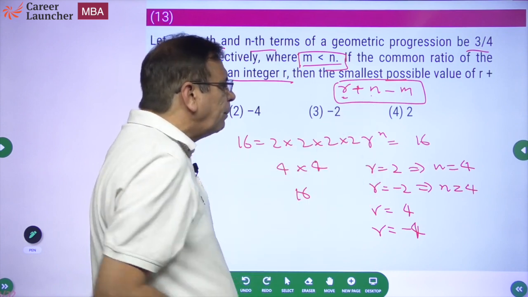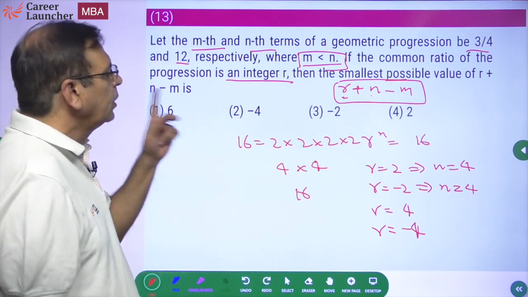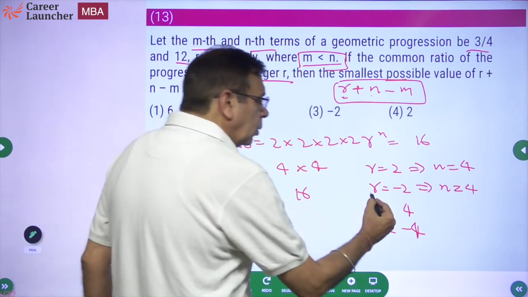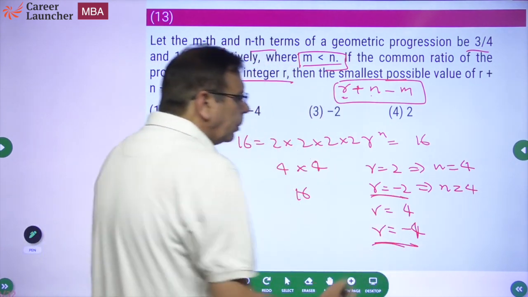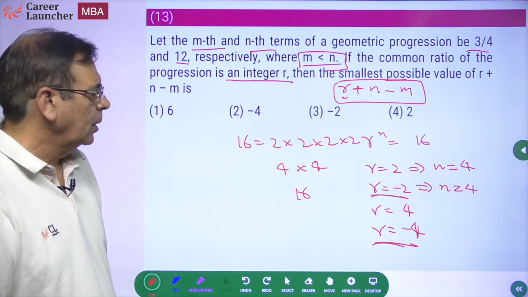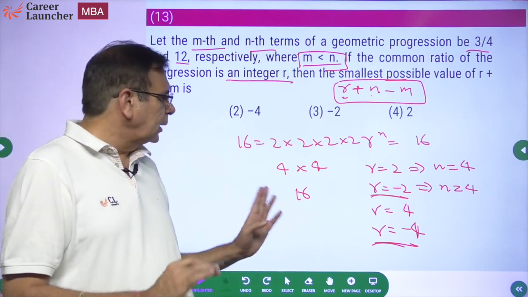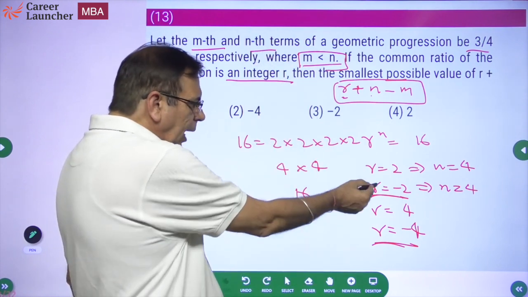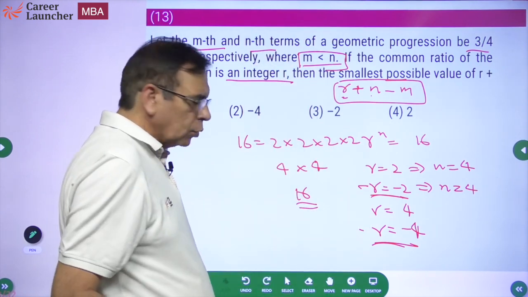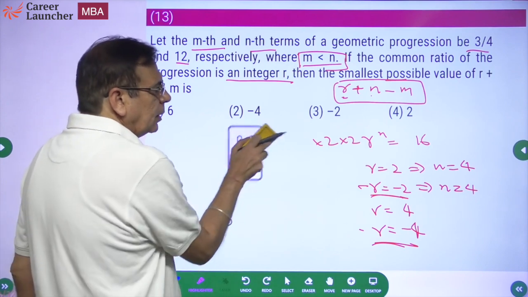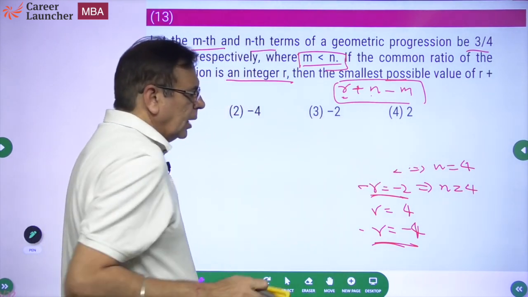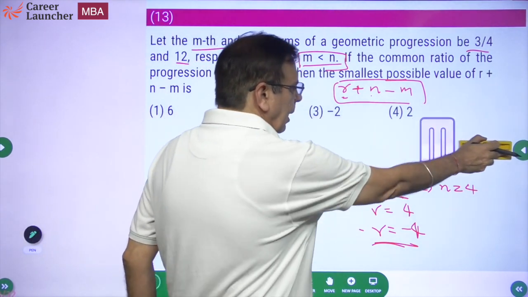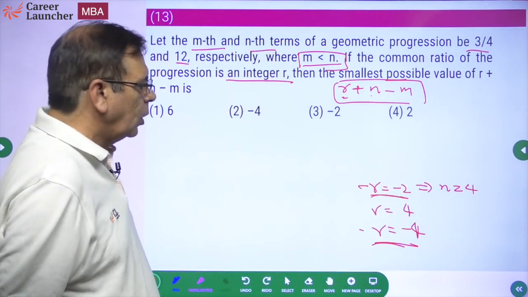So we need to look at balancing the two. Secondly, if I am looking for the smallest possible value, I would want r to be either minus 2 or minus 4. I don't want r to be 16. If r is 16, it becomes very big. So I am going to look at r as minus 2 or r as minus 4.